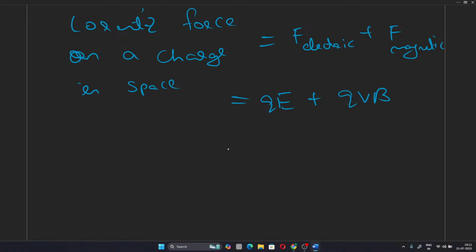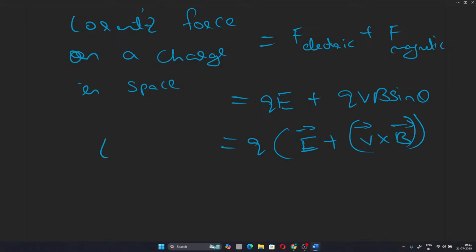Now we can write this vectorially as qvB sin theta, and we can write this as, taking q common, E vector plus v cross B vector.